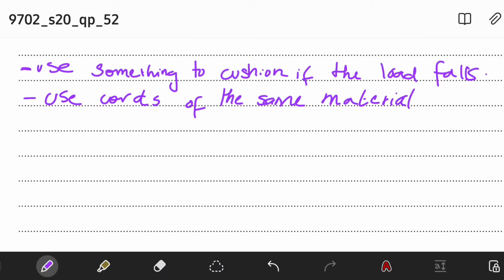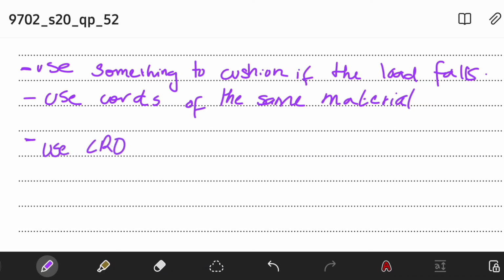You can also write about how you can use a cathode ray oscilloscope to find out time period, and then you can use time period to find out the frequency. So let's write that. CRO.